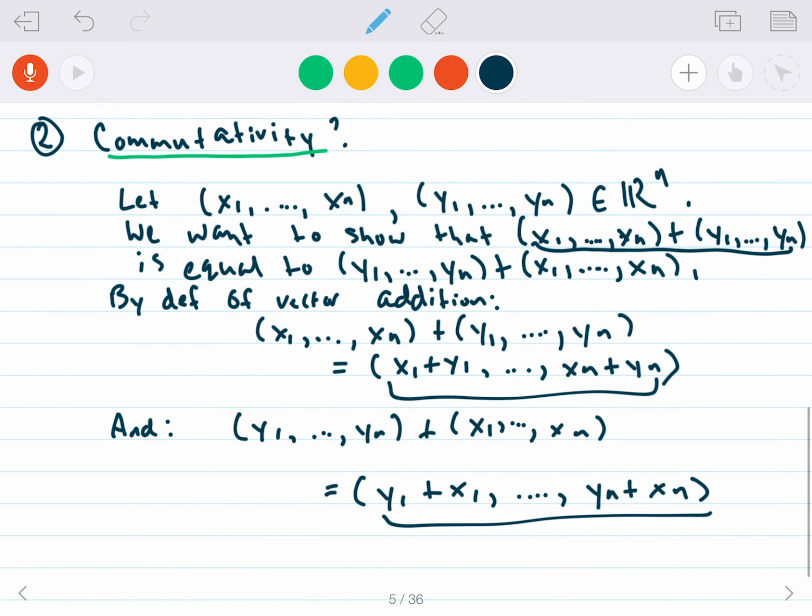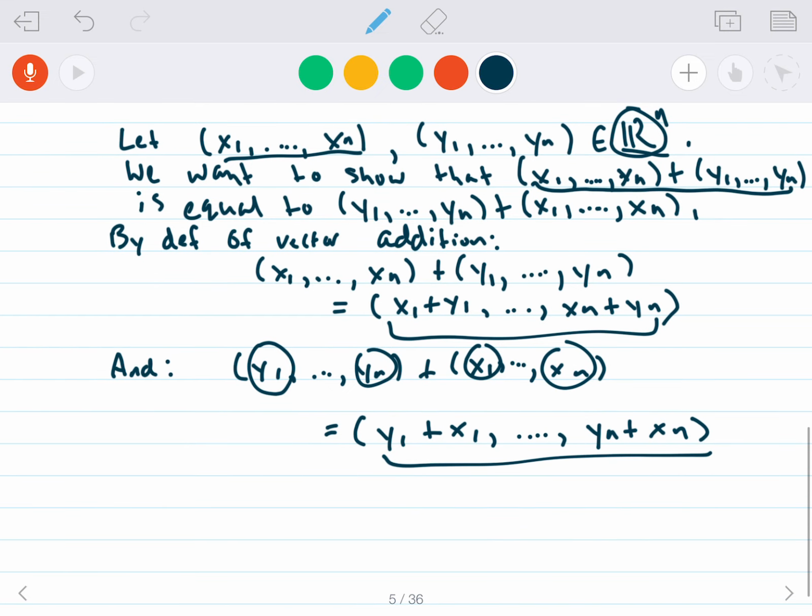Now, we assumed that each of these yi's and each of these xi's were real numbers. That's what it means for this list to be in Rn. It means that each of the entries are real numbers. So since that's the case, real numbers commute, and I'll put that in parentheses here. Real numbers commute. That's an axiom that we're going to assume.